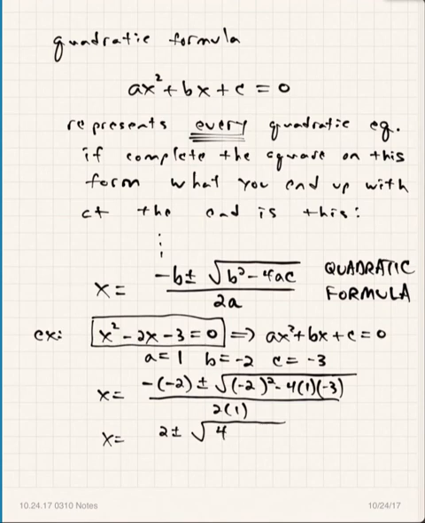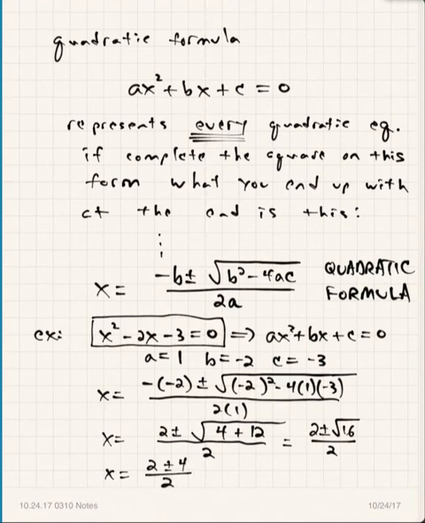Notice there's 2 negatives in there, so you end up with plus 12, all divided by 2. And then this gives us 2 plus or minus the square root of 16 divided by 2. We end up with a radical that we can simplify. The square root of 16 is a perfect square, and so you get 4 right there over 2.